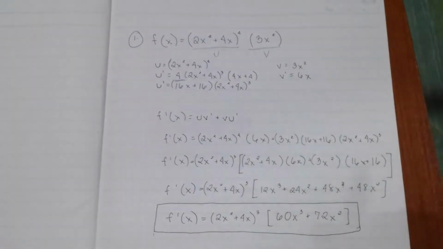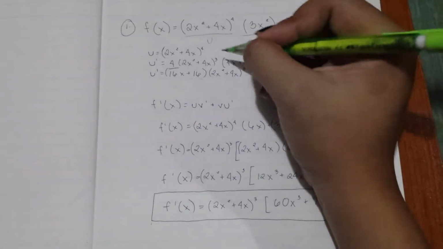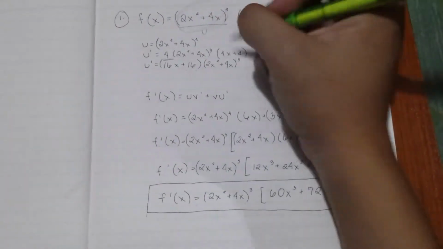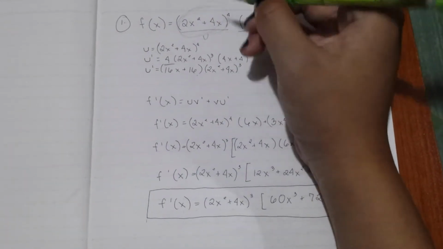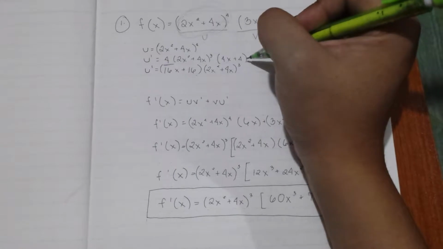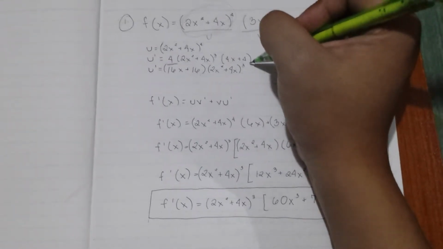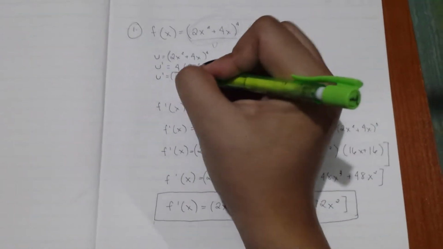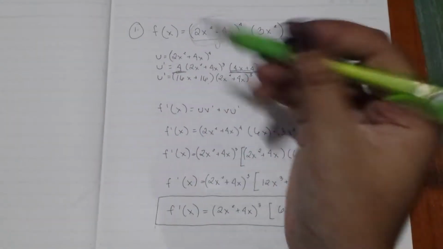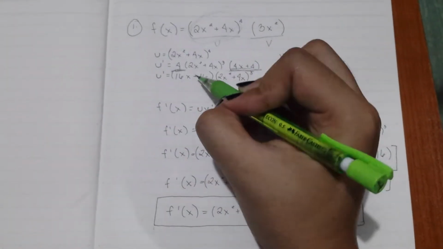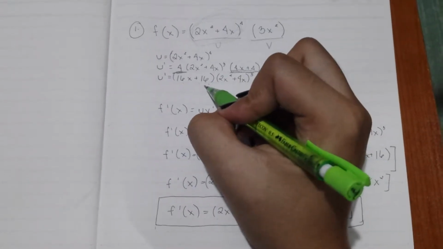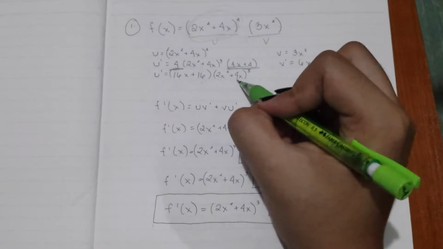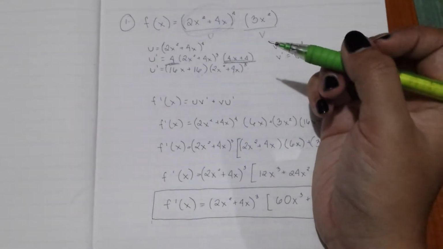Next is get the derivative of the u, so we have 4x plus 4. Next we multiply the 4x plus 4 and the 4, so we get 16x plus 16. And then copy the quantity 2x squared plus 4x raised to 3. So we already have the u prime.